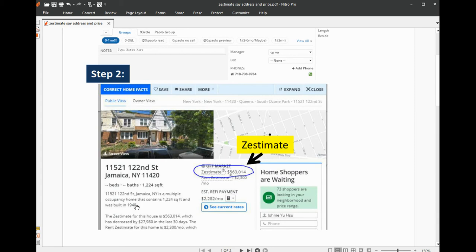The street number might be anywhere from one number to five numbers. So it might be 2 Scottsdale Street, or in this case, 11521 122nd Street.